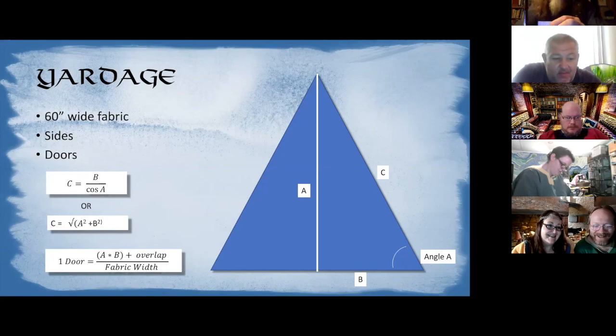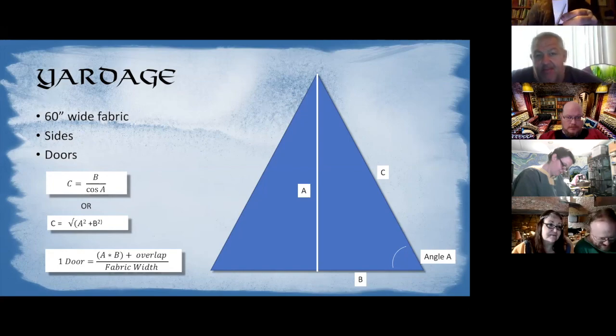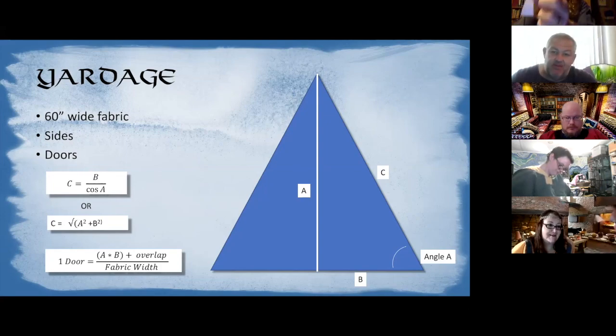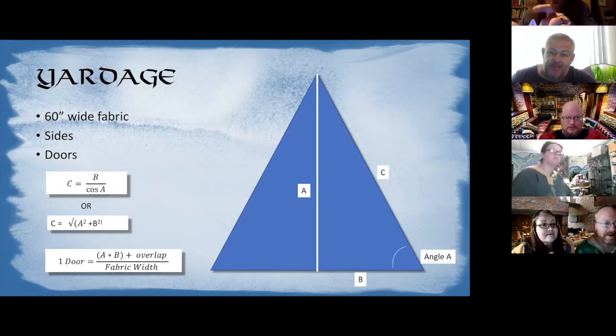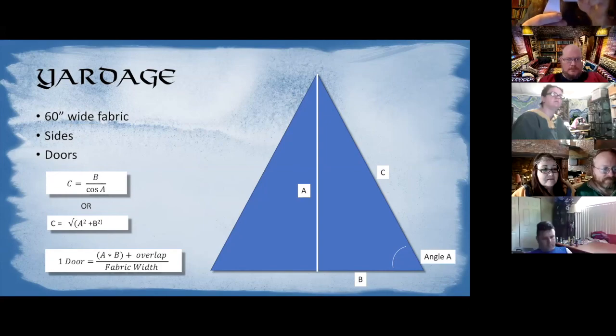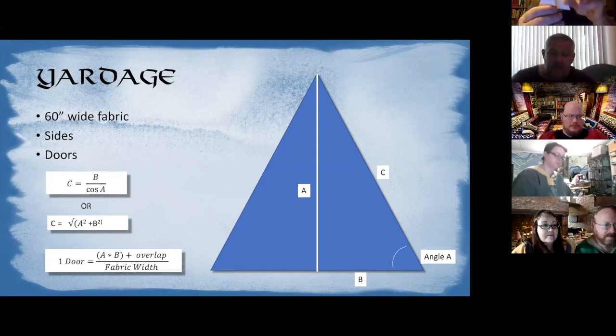So let's say this is B wide by A long, okay? So here's one door, but the other door, the grid line is on the other side. Can you guys see that? So this door, let's say we want the grid lines on the outside, goes to the other end of the tent.